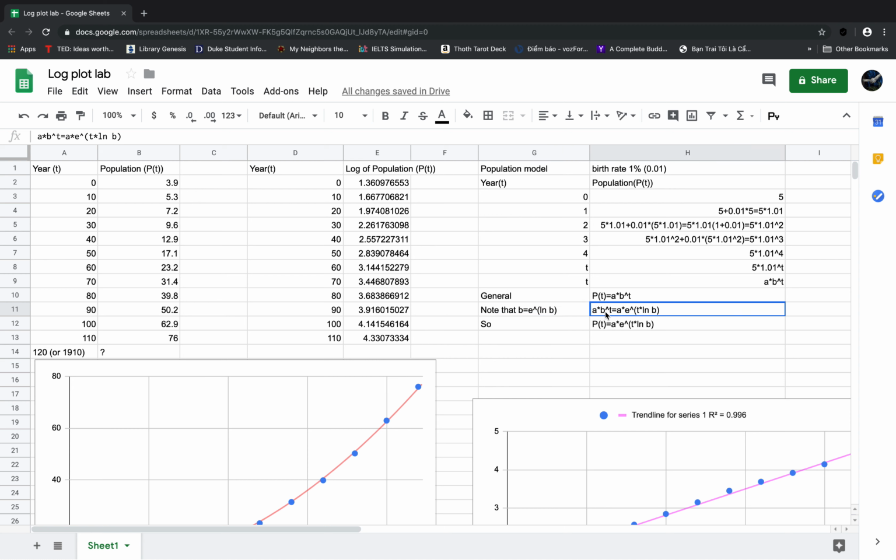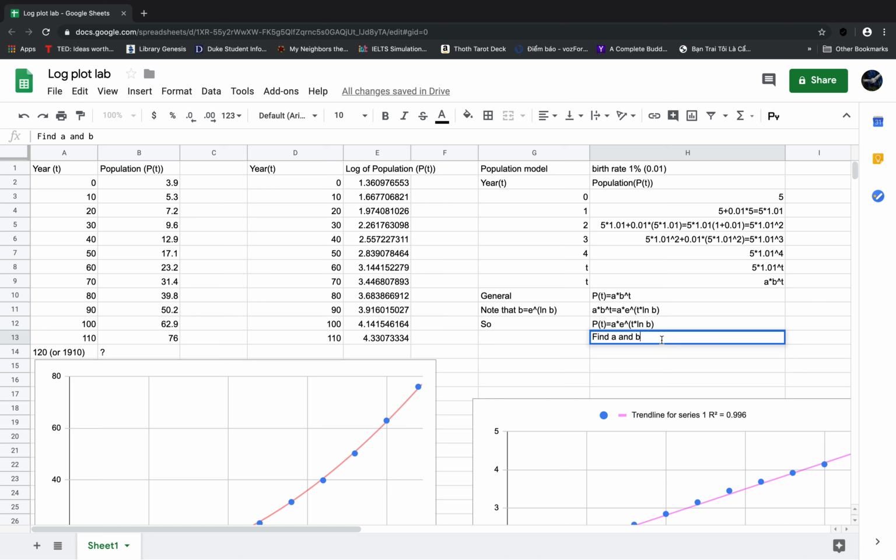So we can change a multiplied by b to the t to a multiplied by e to the t multiplied by ln b, which is this function. So we can write our population as a function in t as a multiplied by e to the t ln b, right? So our job here is to find a and b.